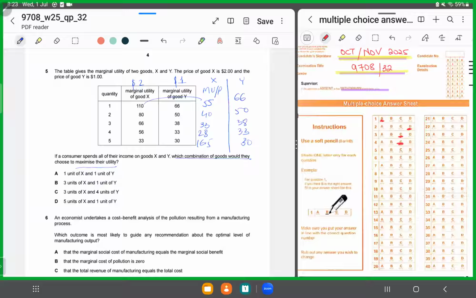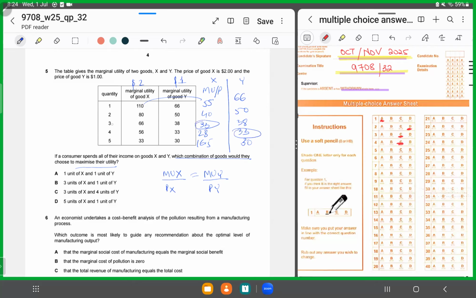Now, what's the formula? In order to ensure which combination yields the maximum utility, we'll go for the consumer equilibrium rule, which is marginal utility for good X upon price of X should be equal to marginal utility for good Y upon price of Y. So now you tell me where the marginal utility per unit for X equates to the marginal utility per unit for Y. It's here.